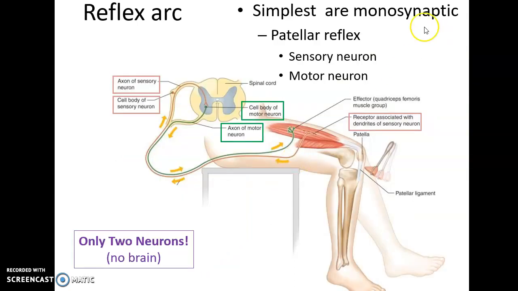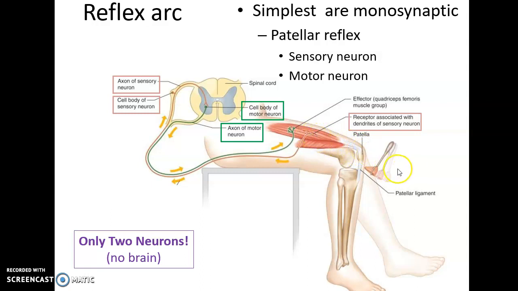The simplest example is the monosynaptic reflexes, such as the patellar reflex. In the patellar reflex, the doctor will use a rubber mallet to hit the patellar ligament. This will stretch the quadriceps femoris group.